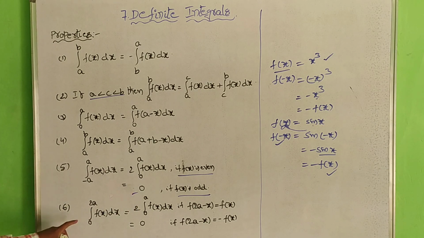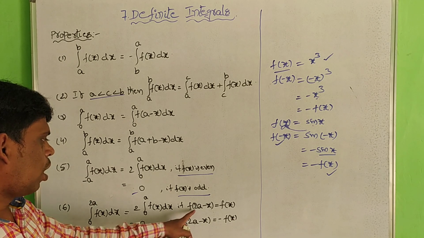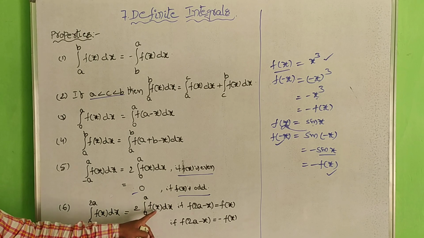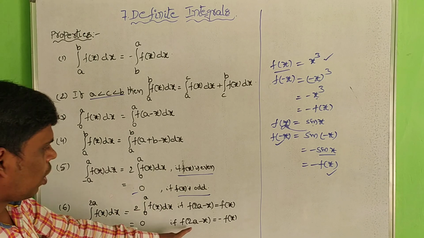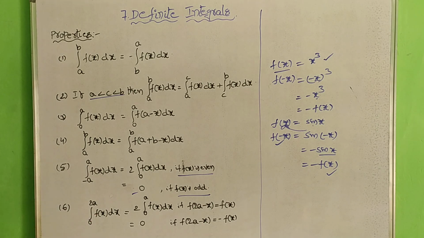Next, the integral from 0 to 2a of f(x) dx equals 2 times the integral from 0 to a of f(x) dx, whenever f(2a − x) = f(x). If in case f(2a − x) = −f(x), the answer is directly 0. These are the properties.